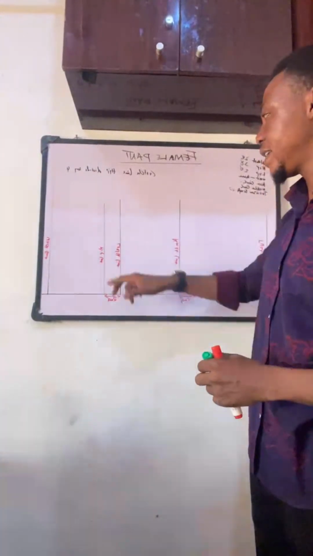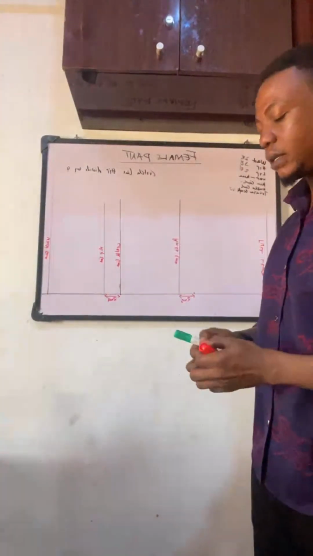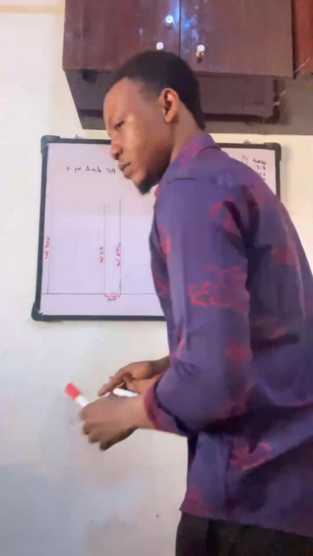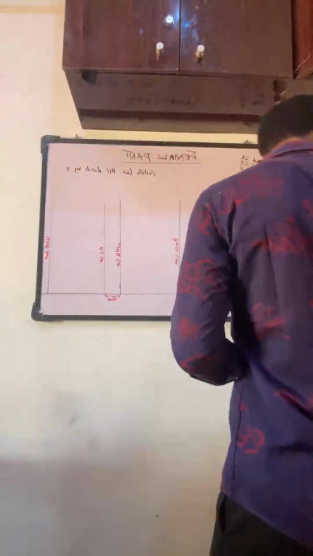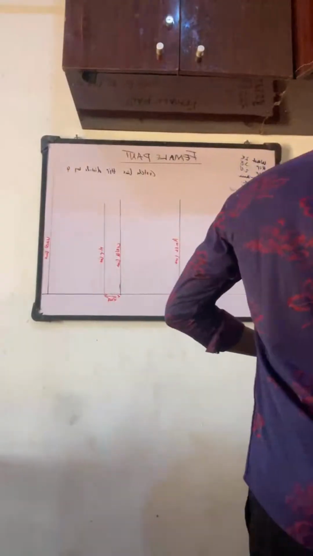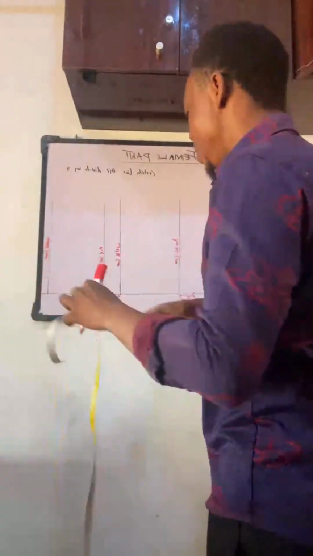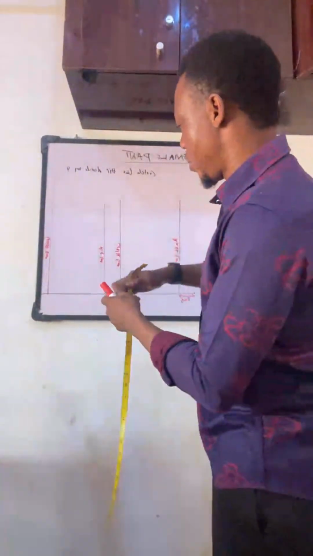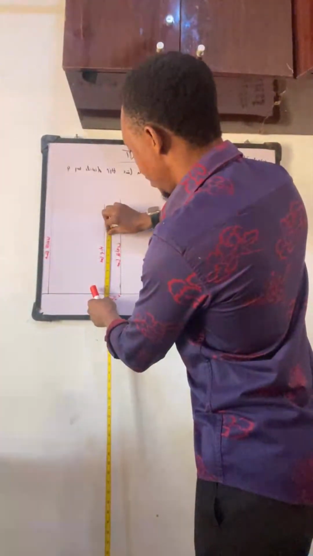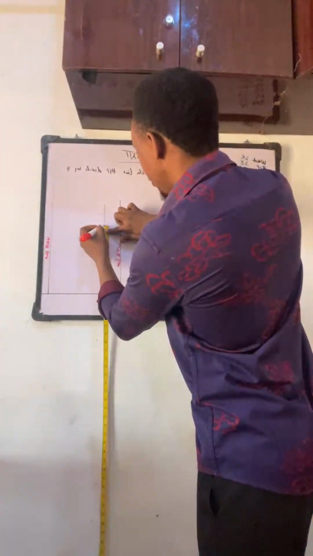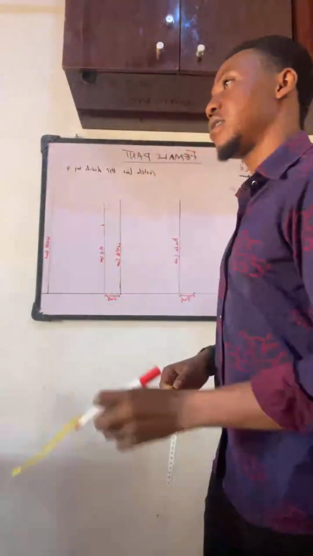If you divide by 4, then you put your result here. This is 9 inches, and you put your 9 inches here.